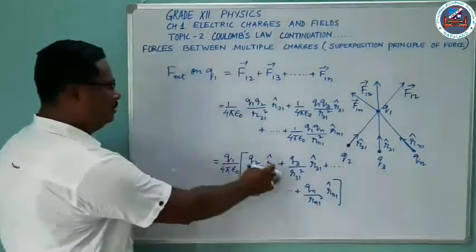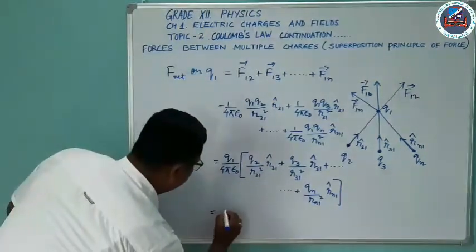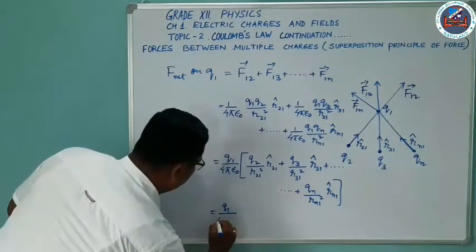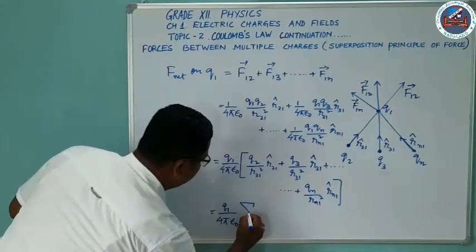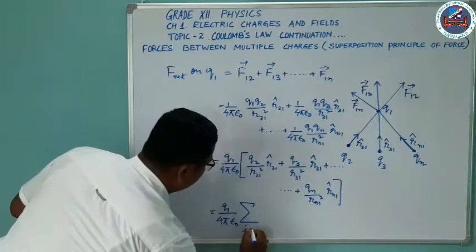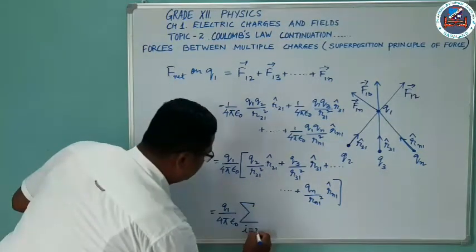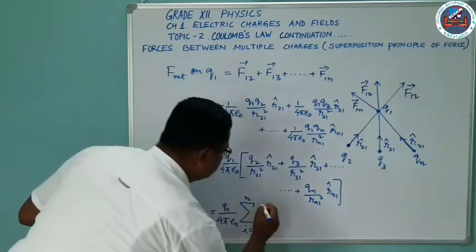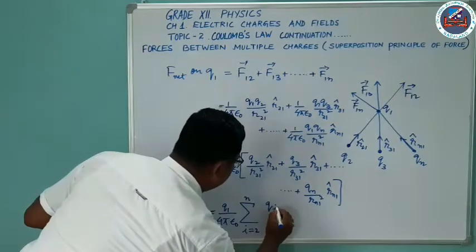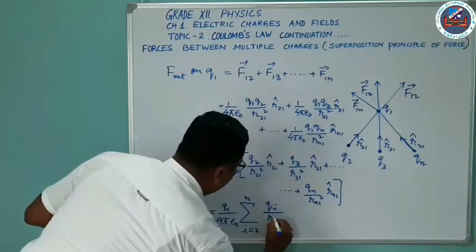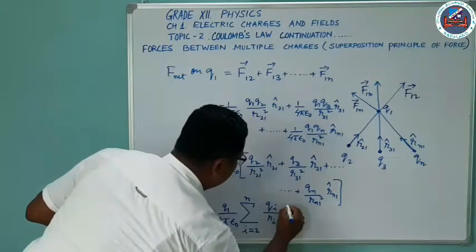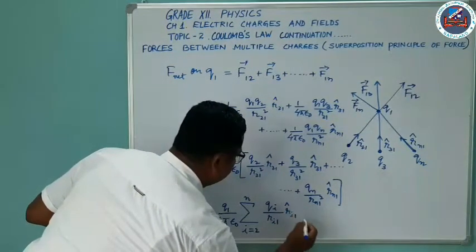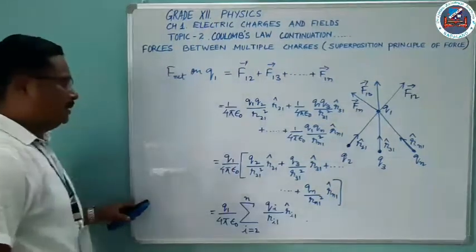This as a whole we can sum up this way: Q1 divided by 4 pi epsilon naught, summation sign, with i equal to 2 up to n, Qi divided by Ri1 squared, Ri1 cap. This we can represent.